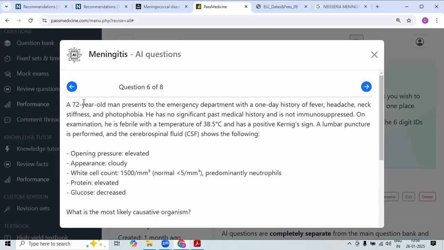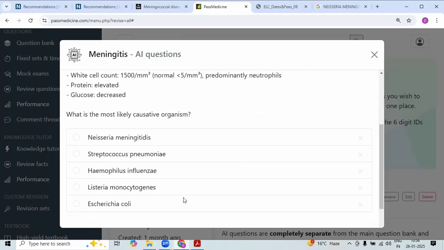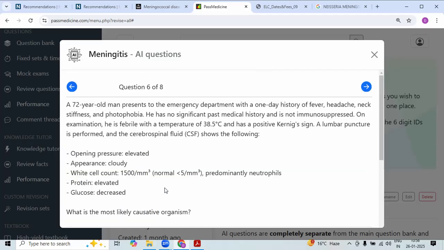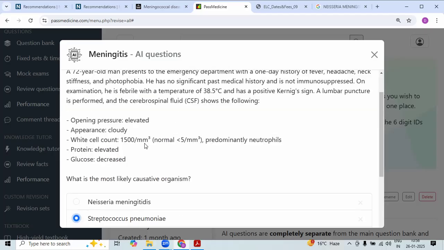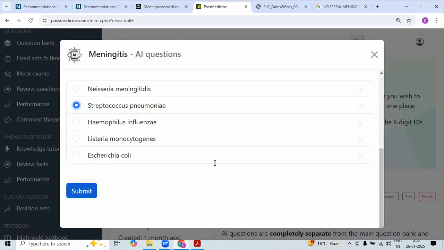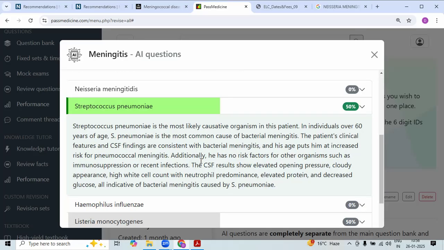He is 72, not immunocompromised. They are telling you it's not Listeria. So this patient can be either Strepto or Neisseria. But in more than 60, Streptococcus is the most common cause. So you need to know the table of most common causes, very important. So again here, most likely causative is Strepto.